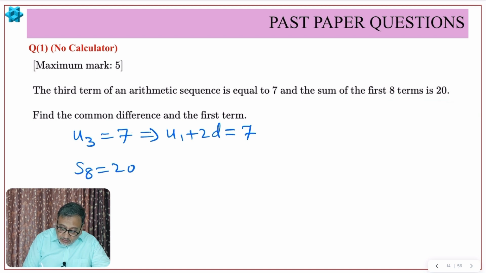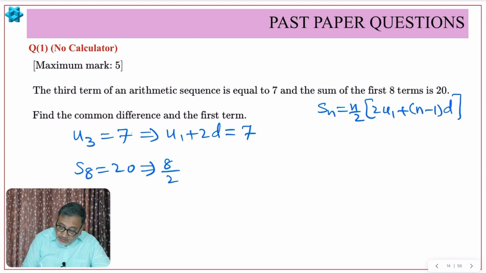Now S8, how can we write it? Formula for the sum of n terms, let me write Sn here: n by 2 into bracket 2U1 plus n minus 1 into D. Okay. So 8 by 2 into bracket 2U1 plus 8 minus 1, which is 7, D is equal to 20.